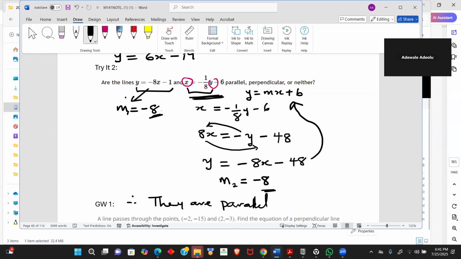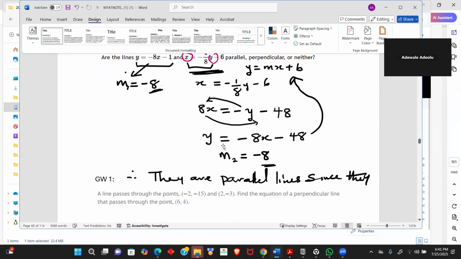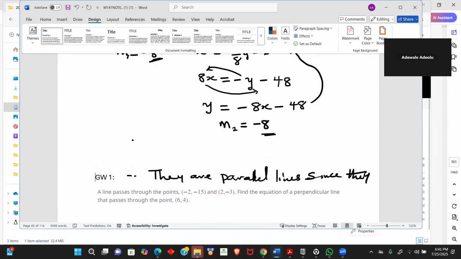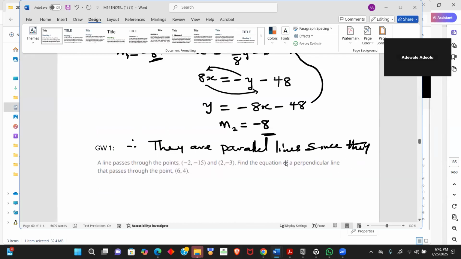Parallel lines, since they have the same slope.